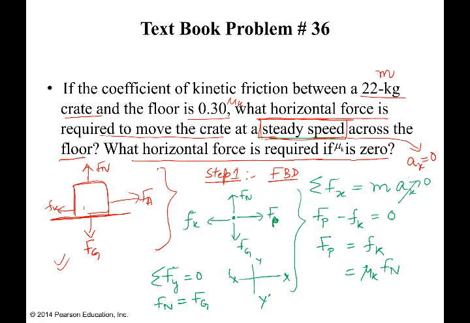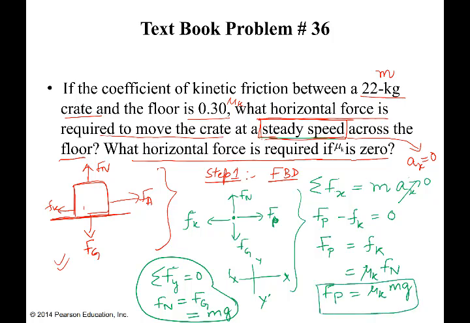But we earlier found out Fn is equivalent to mg because it's balanced on this side. So we get mu k times mg. I want you to understand that whenever we have to find normal force, we always rely on the y direction equation, because normal force is a part of the forces acting in the y direction, so you cannot ignore them.